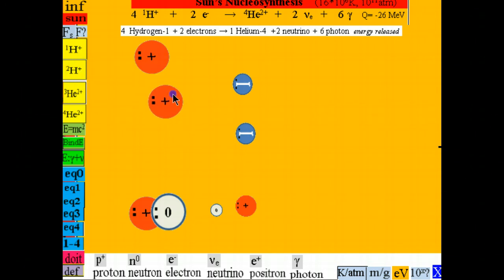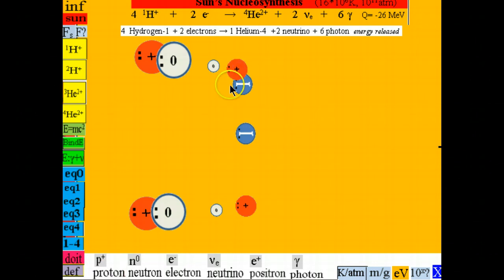Let's do the same thing with the two other protons. Because of the high temperature, they are pushed very close together. The strong force becomes effective, overwhelming the weaker electric force, and one of the protons transforms itself into a neutron and a neutrino, and we have another hydrogen 2 nucleus.